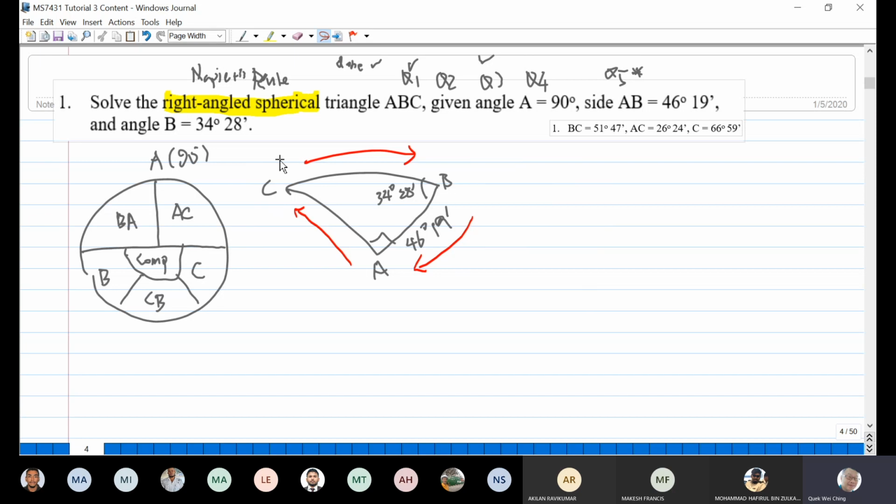If you want to go this way, then you must be consistent every time, either clockwise or anti-clockwise. It doesn't matter. Okay, sir, I understand. Why do we put the A downside? We can put upside also, right? Yes, no matter how you draw it, it doesn't matter, how to draw a triangle.